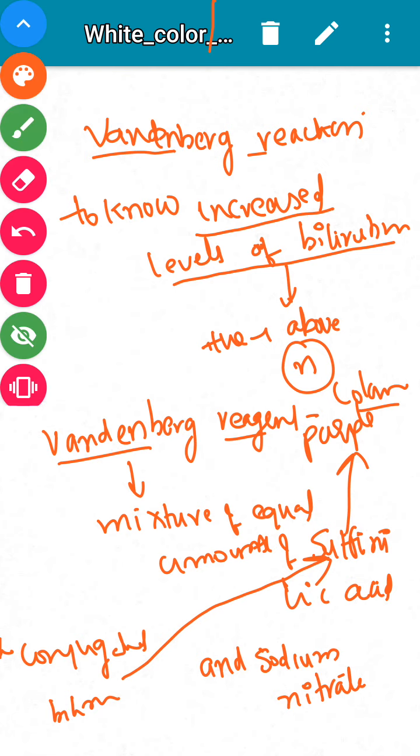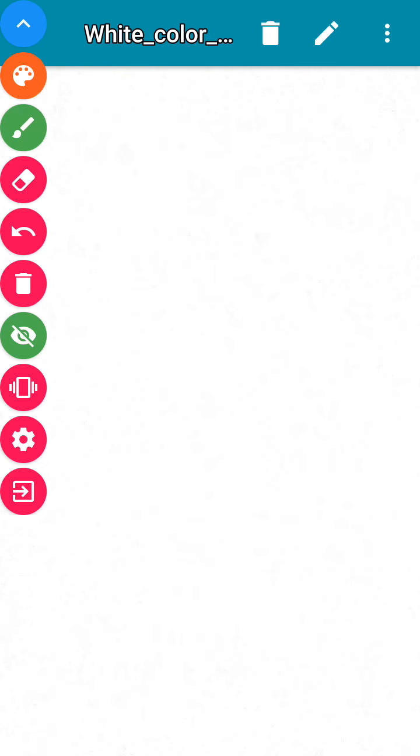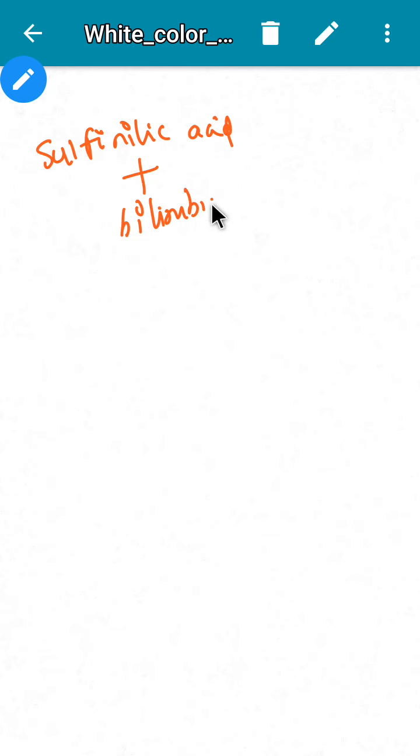Let us write it on the paper. Sulfanilic acid reacts with bilirubin and gives purple color. Remember, this bilirubin is excess bilirubin.